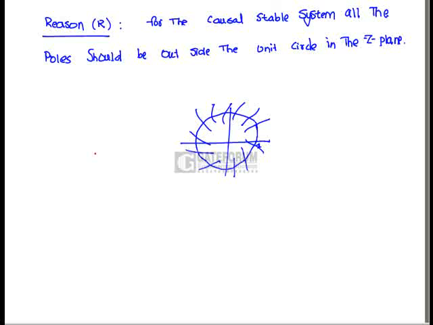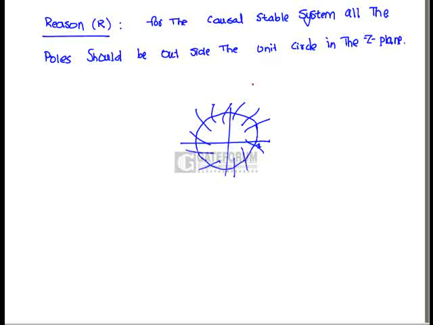Coming to the reason: for the causal stable system, all the poles should be outside the unit circle in the Z-plane. Here we have to know what we mean by a causal stable system. Causality is defined by the ROC, which is outside of the rightmost pole. For the stable system, the ROC should include the unit circle.